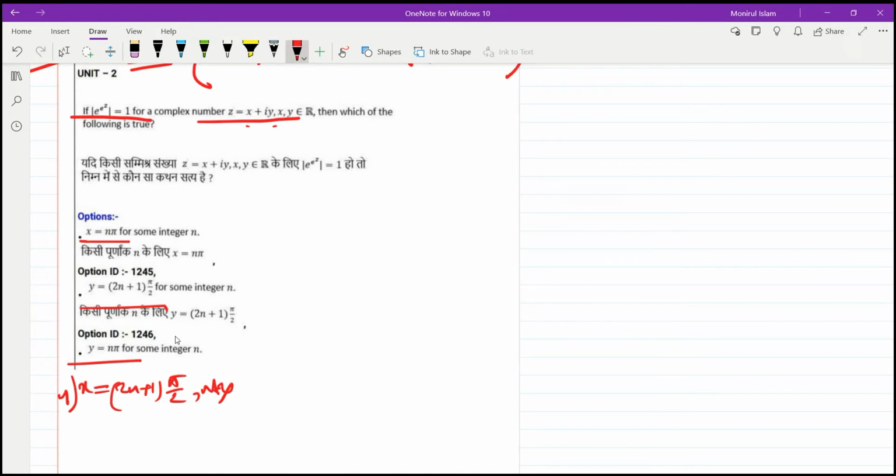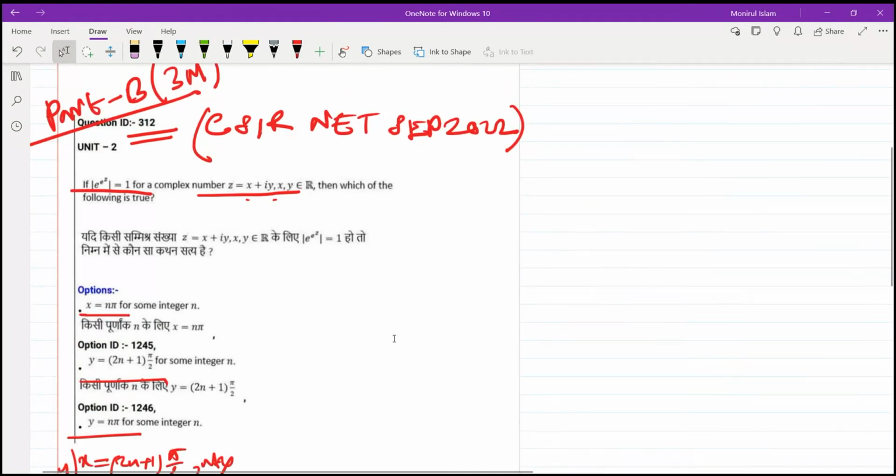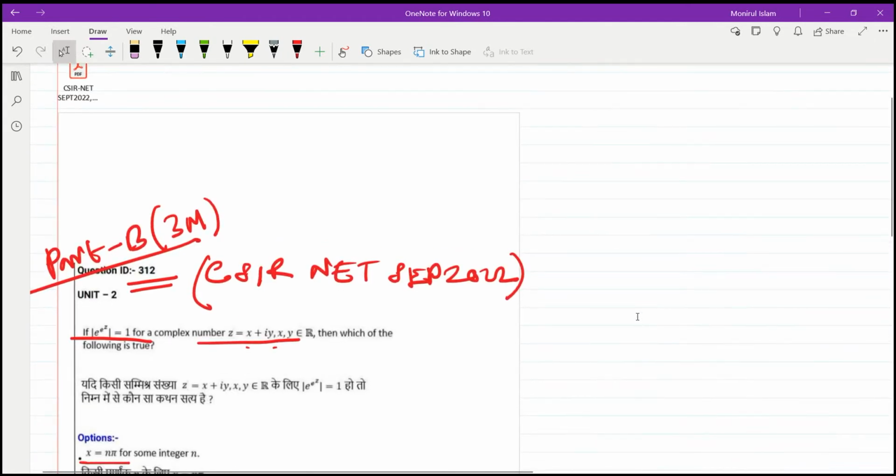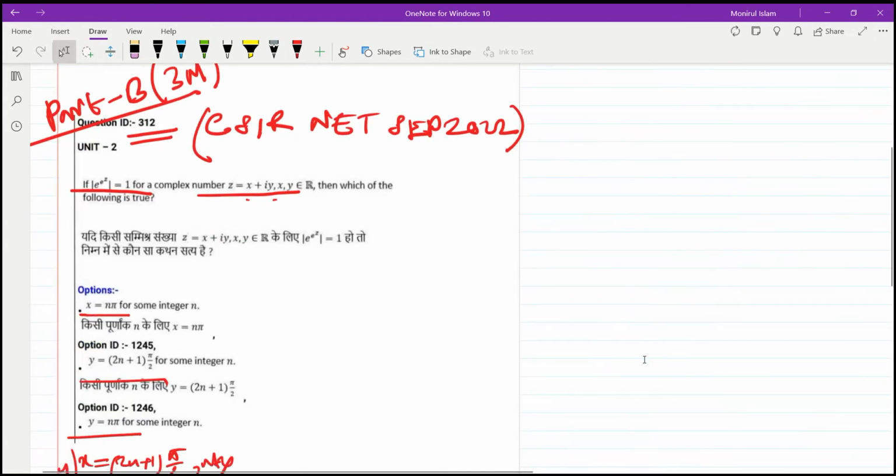Okay, so for any complex number z, we can write z equal to x plus iy, where x and y are real numbers.